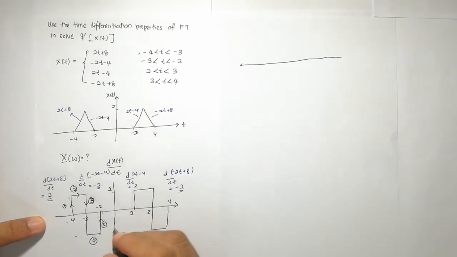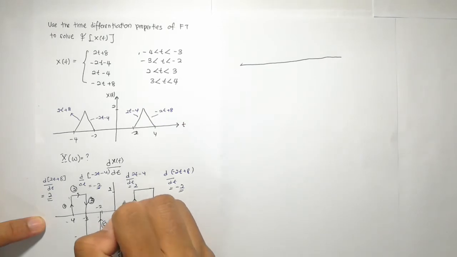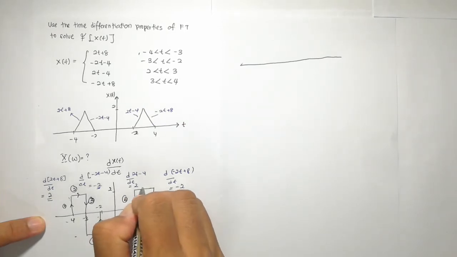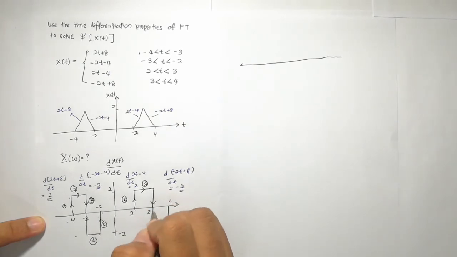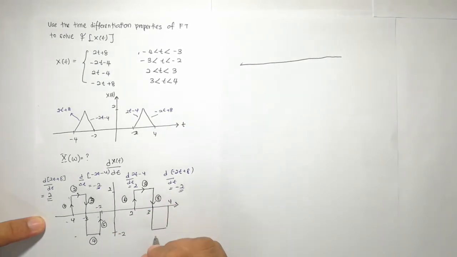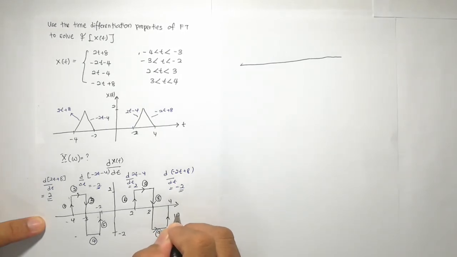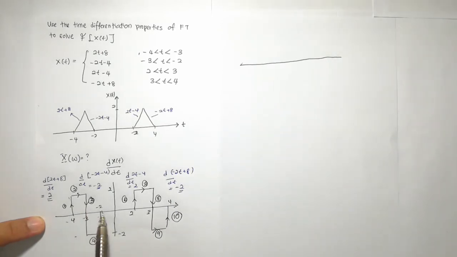Same goes here: this one is 6, this one is 7, and down here we have 8, then this one is 9, and then 10. So we start from the left and go to the right.